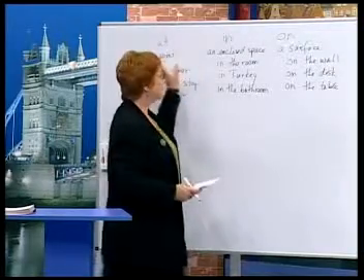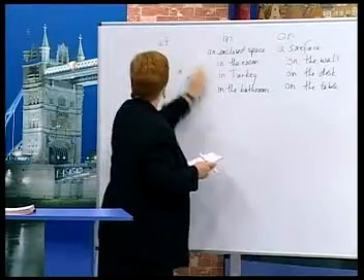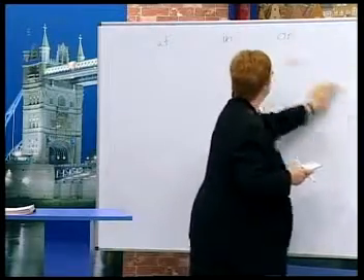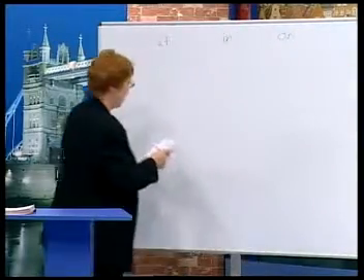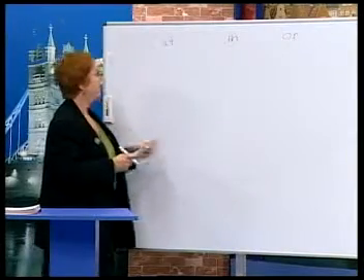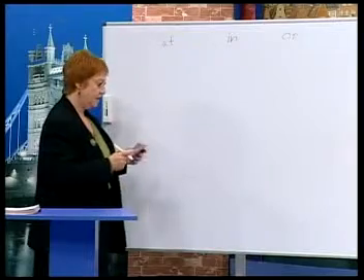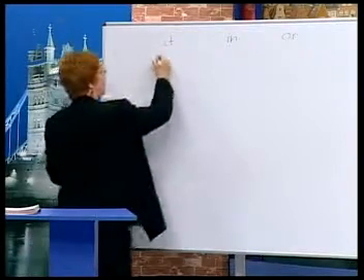Now, we use these with transportation words. Okay, let me make some more room here, and we'll show you some examples that are more specific. Now remember, at is a specific place. So here are some examples.